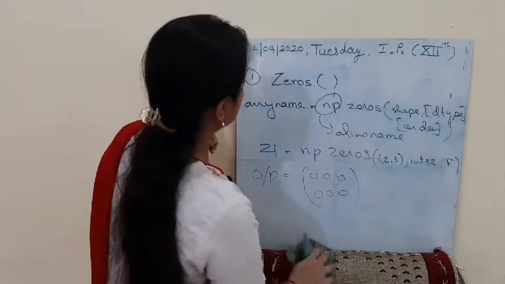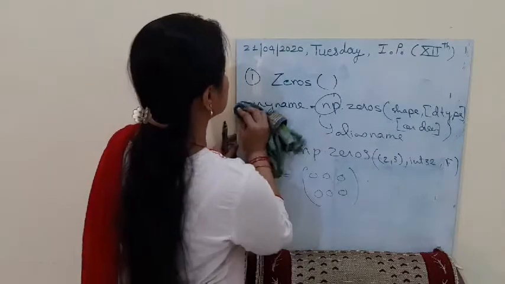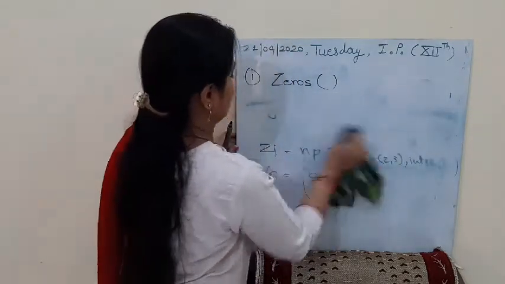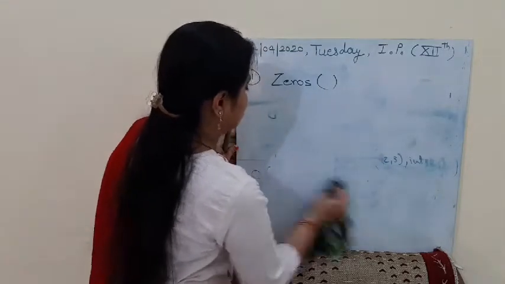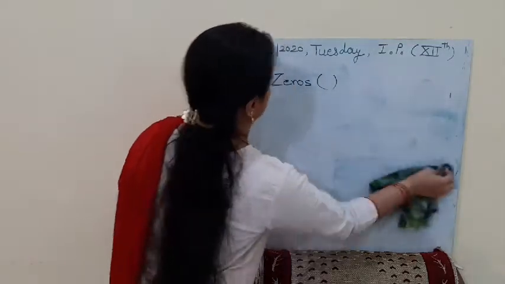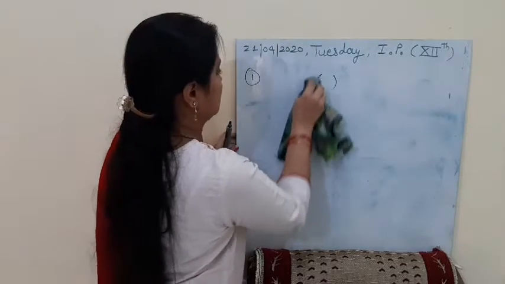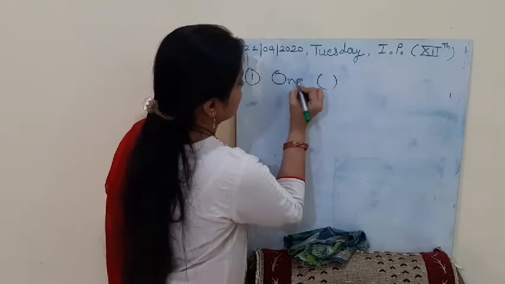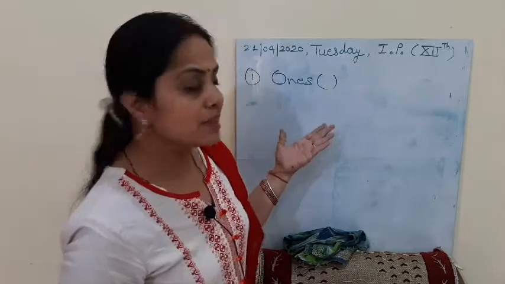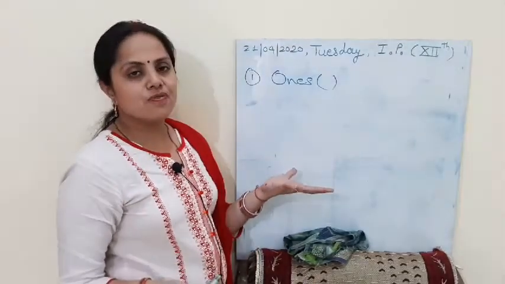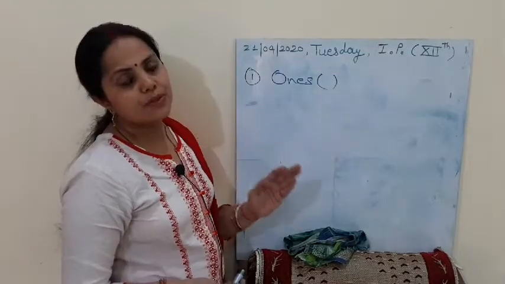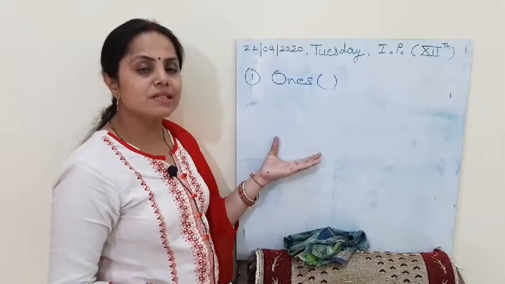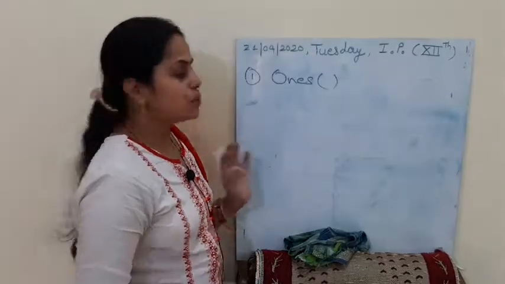Now similarly, as we have done it for zeros, we can do it for ones also. Now this ones is also the same kind of function. The difference is that the ones function gives a matrix that is filled with ones.